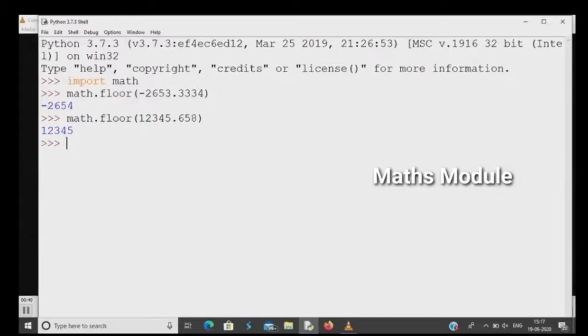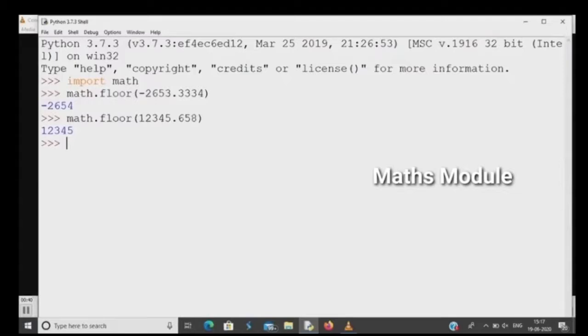But we are expecting the answer as 12346, because in maths we have learned that when the value after the decimal is greater than 0.5, it will be rounded up. But here you are going to get 12345, because we are not following the mathematical rule, we are just following one specific function. The function is floor. It will just pull it down to the nearest lower number. If I write 12345.999, we still get the same answer, that is 12345.